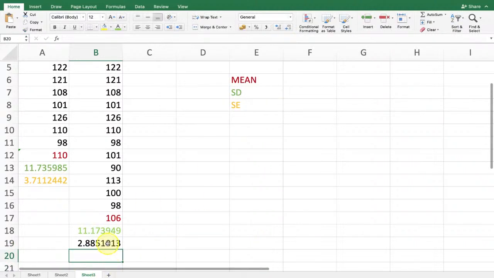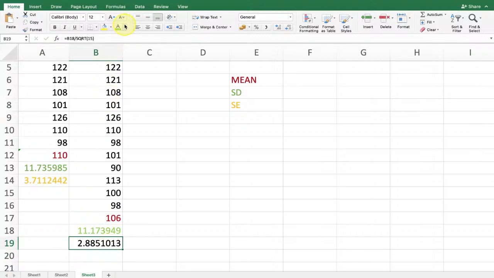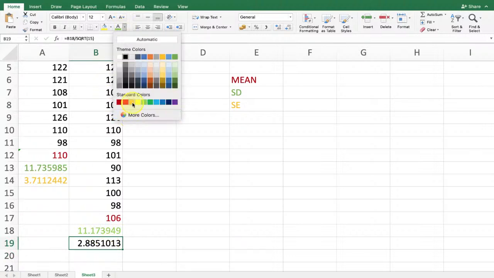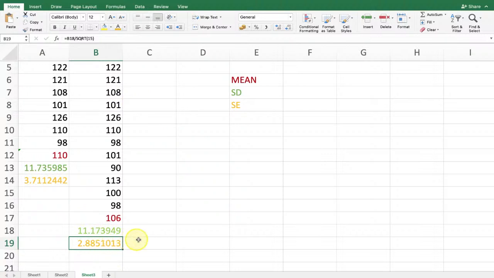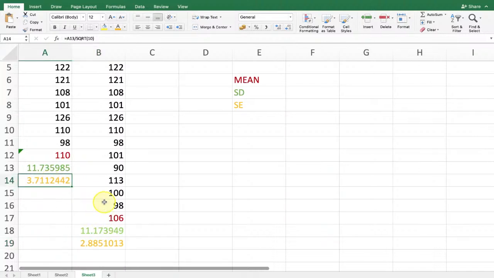So look at the standard error. What have you noticed? Compared to the previous, the standard error is now 2.88. Before, when there were only 10 students in the sample, it was 3.711. What more if we increase the number of samples?